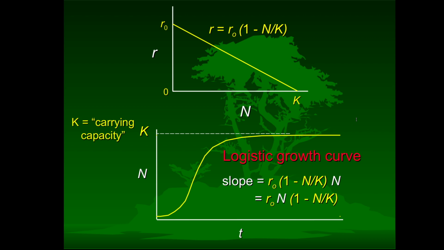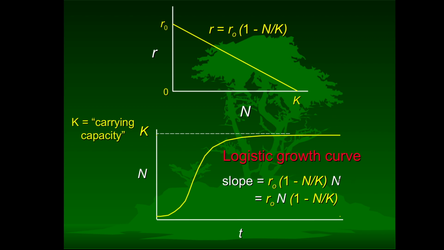So K is the density at which the birth rate equals the death rate. If n ever jumps higher than k, then the number in parentheses is negative, and the growth rate is actually negative. The population decreases until it reaches k again and holds steady.